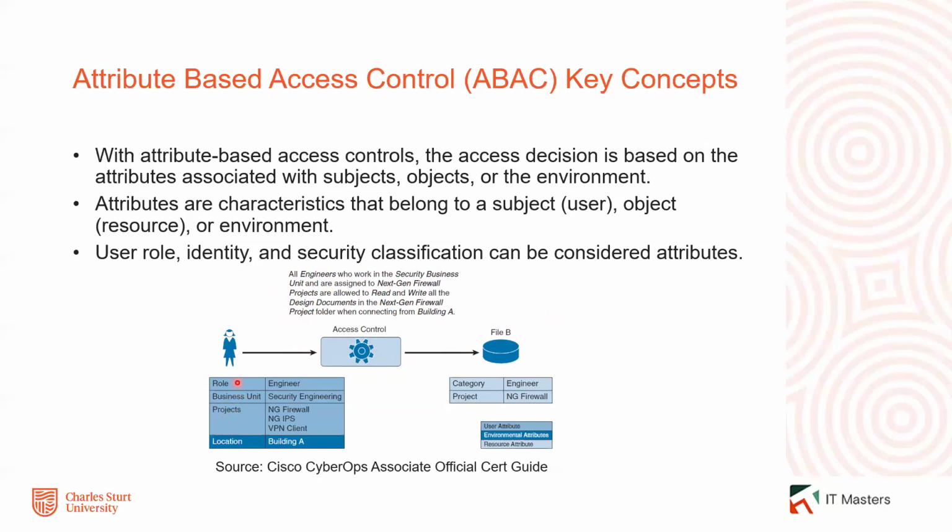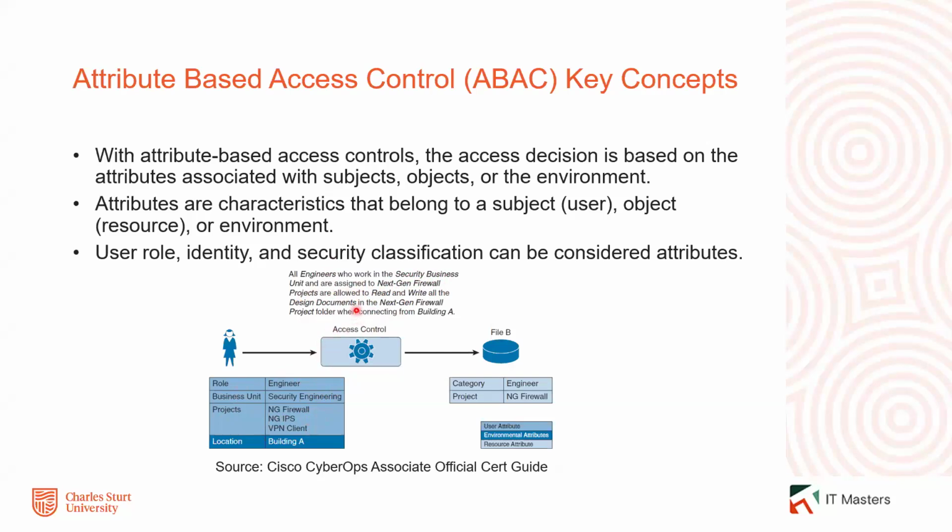So if we look through the example, we have this person has a role of engineer, so that's good. They're in the business unit security engineering. So they're not in the security business group, but they're in the security engineering group. Their projects are NG Firewall, NG IPS, and VPN Client. So they are a member of NG Firewall projects, so that's okay.